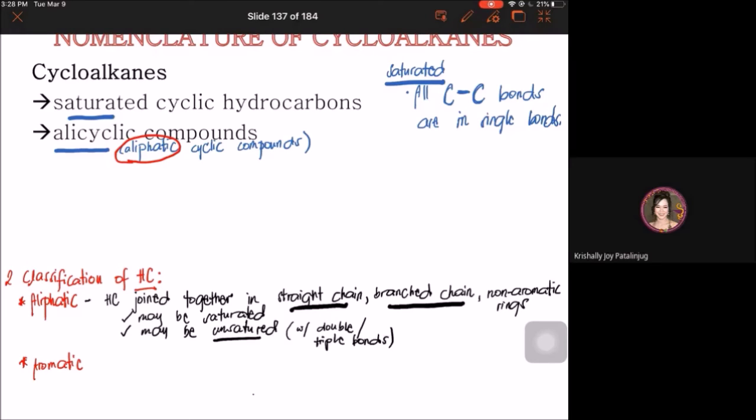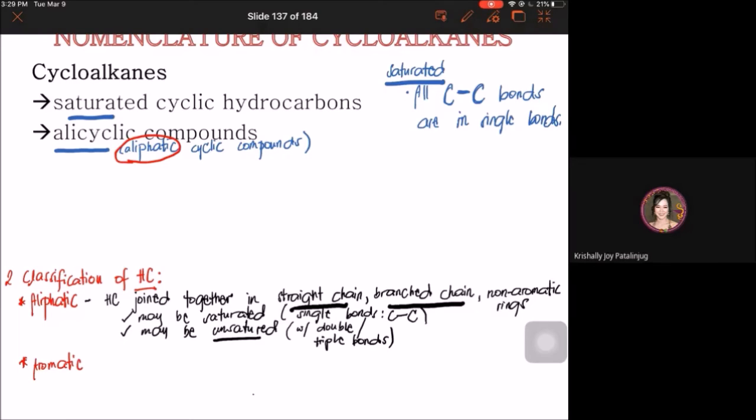Again ha, saturated is single bonds, yung carbon to carbon. Kapag unsaturated, meron ng carbon to carbon double bond or carbon to carbon triple bond. Yan lang yung ibig sabihin ng saturated, unsaturated by chemistry.